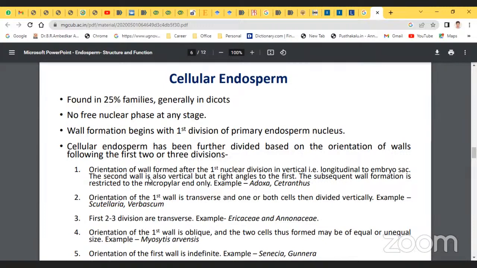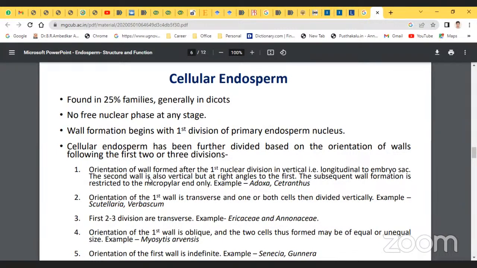The division of the primary endosperm nucleus and a few subsequent nuclear divisions are followed by regular wall formation. The first wall is usually transverse, but occasionally the wall laid down after the first nuclear division may be oblique or vertical. Cellular endosperm is found in about 25% of families, generally in dicots.